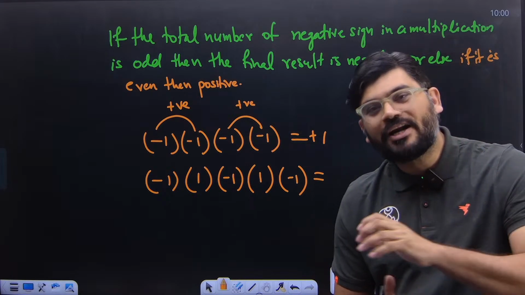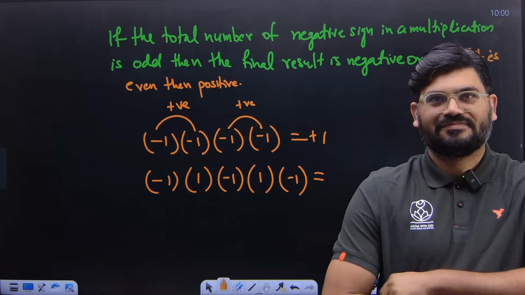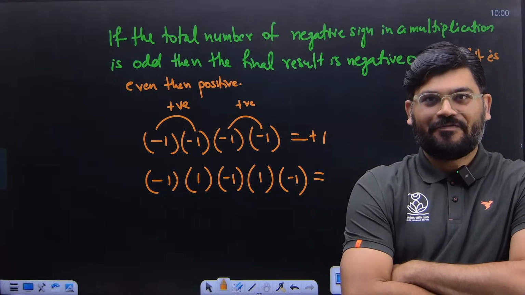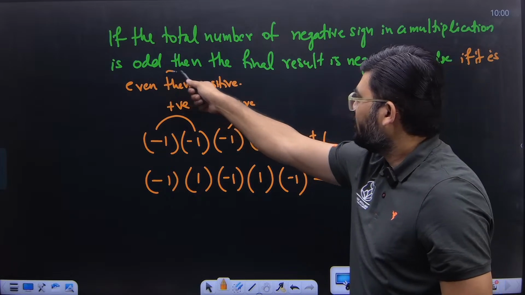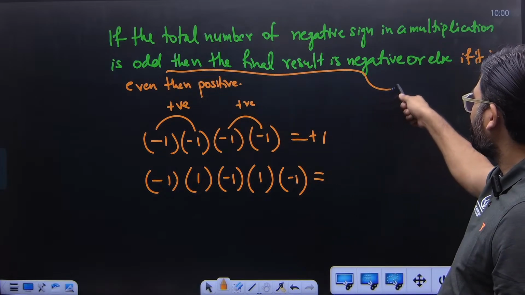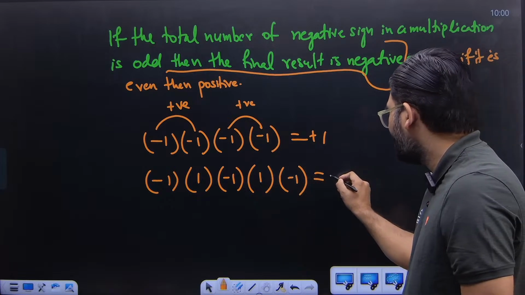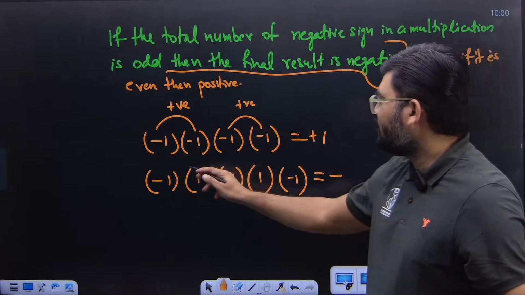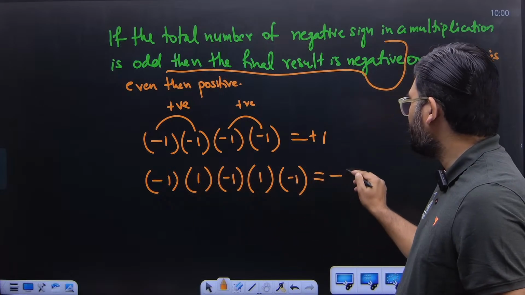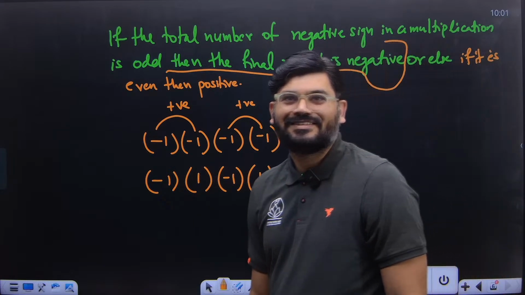So is it an odd number or even number? Odd number. So if it is odd, then the final result is negative. First let us put the negative. Now multiply the other numbers. So 1 into 1 into 1 into 1, you will get 1. So the answer is negative 1. Understood now?